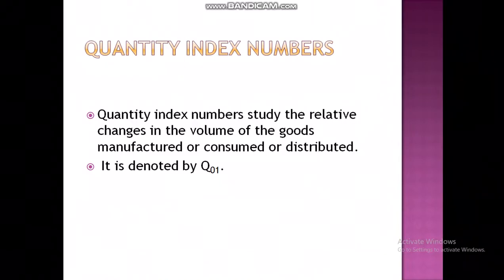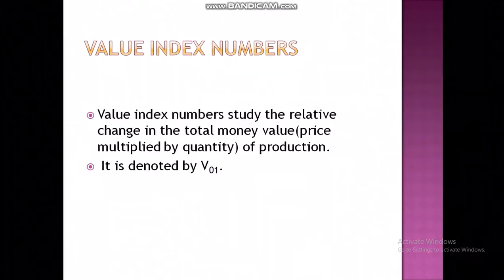Here quantity refers to the quantity produced or the quantity consumed or the quantity distributed, and it is denoted by Q01. Then the third and the last type of index numbers is value index numbers. Value index numbers study the relative change in the total money value of the production.